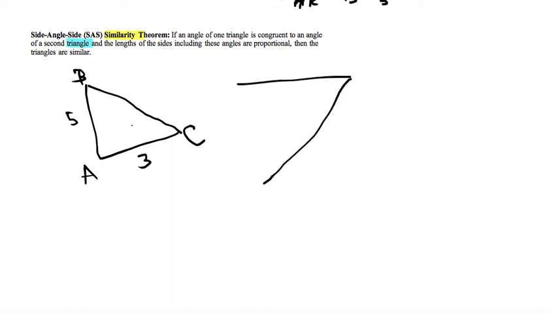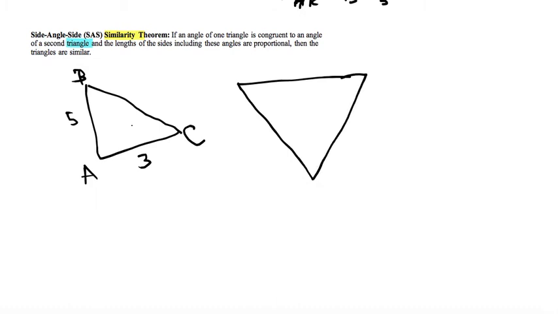All right, and let's try another shape here. Also a triangle. Let me do this a little bit better. So let's say there and there.